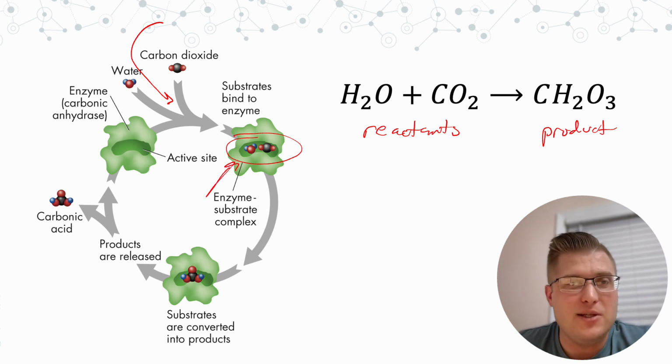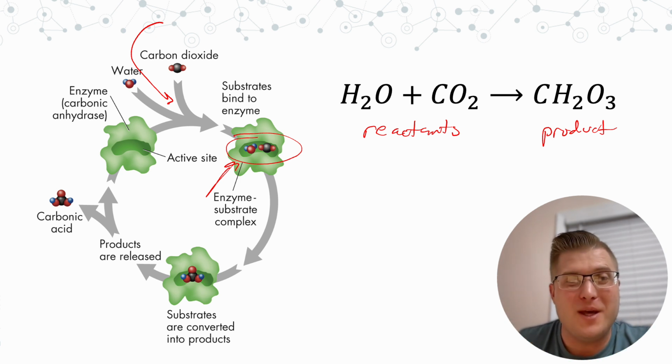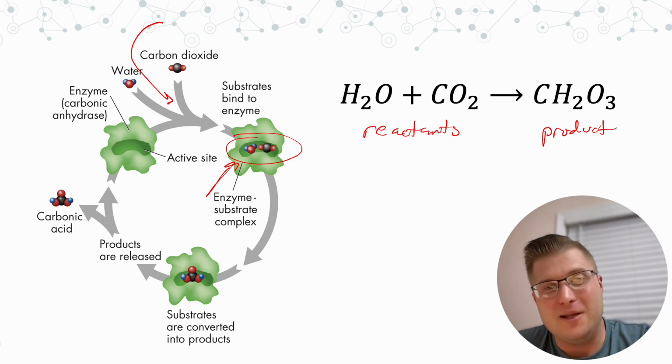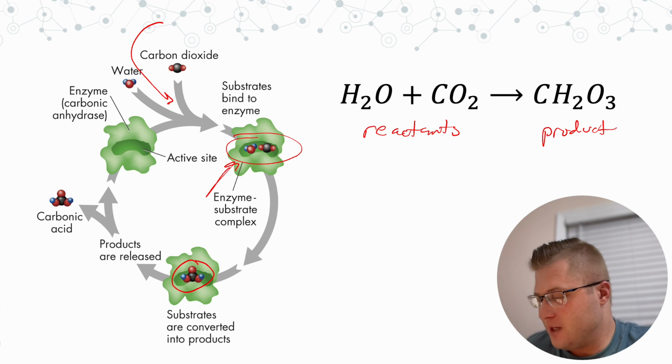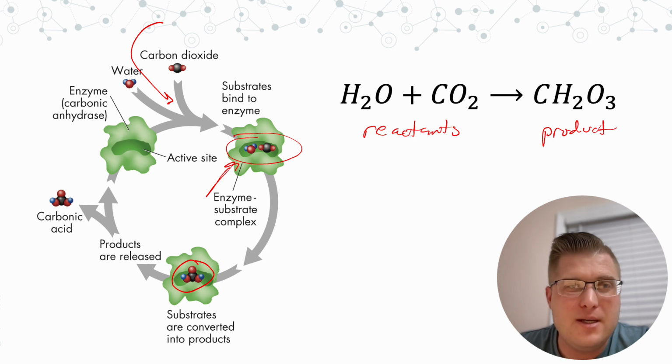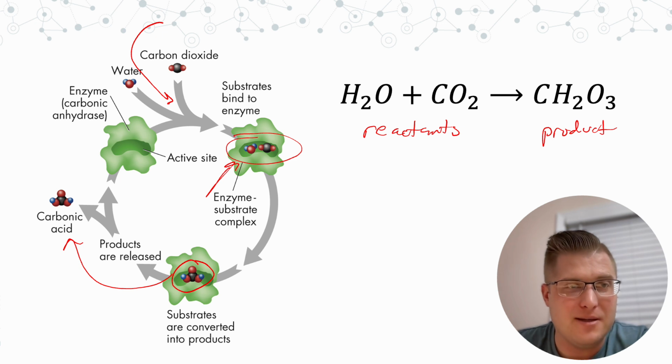Now, the active site is actually bringing those molecules close enough together to rearrange them, rearrange the bonds in those different atoms of those molecules to make something new. Here you see the same materials, looks like 3 oxygen, 2 hydrogen, and 1 carbon to make this new product, the carbonic acid.